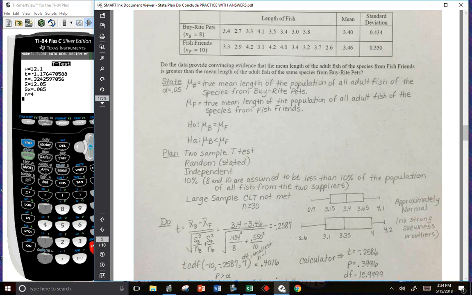There's a way to clear list. You go second stat, and it's clear list. Wait, just kidding. Stat, clear list, number 4. And you get to pick which list you want to clear, like L3 or whatever. But I need to put this data in. Oh, if you go second plus 4, it's clear all lists.